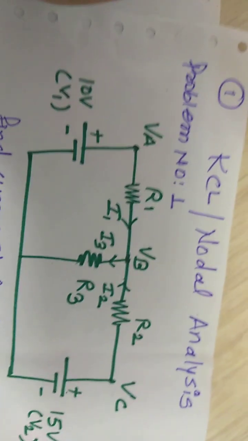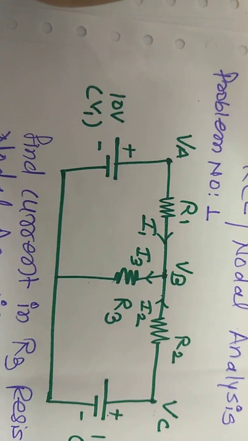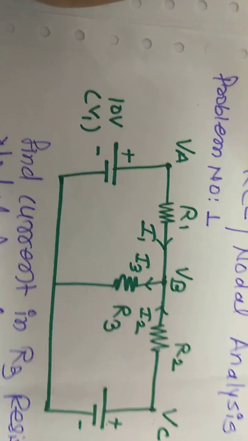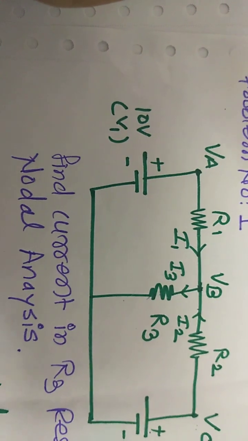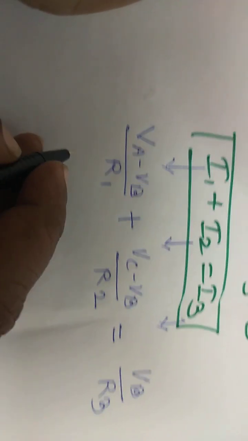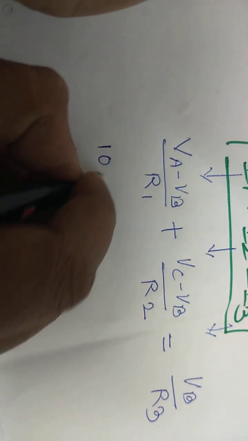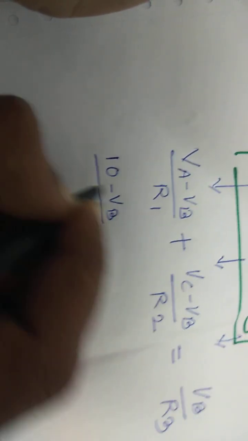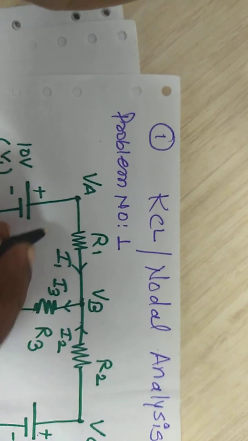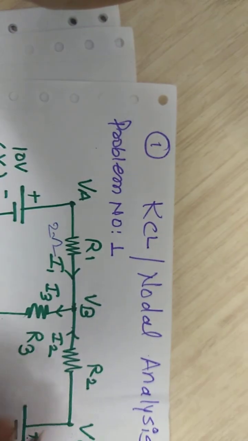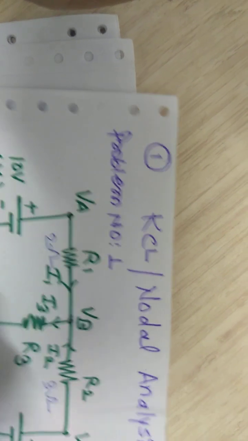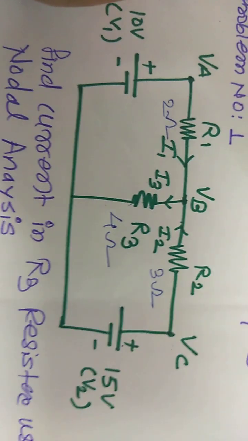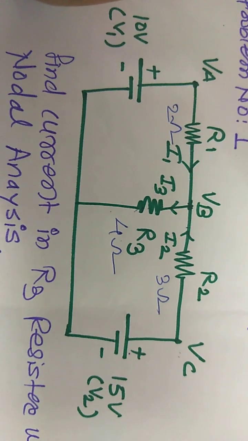Firstly, the 10 volt is applied across the node VA, which means I can represent the equation as VA is 10 minus VB divided by the resistor value. Suppose we take the resistor values as 2 ohm, 3 ohm and 4 ohm.